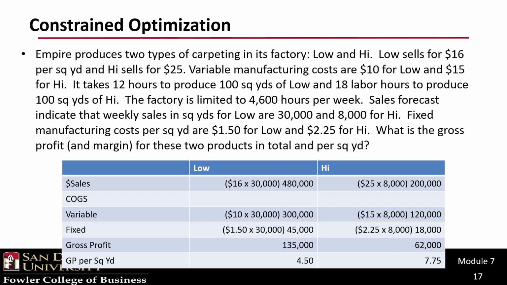So the sales forecast indicates that weekly sales in square yards for low are 30,000 and 8,000 for high. Fixed manufacturing costs per square yard are $1.50 for low and $2.25 for high. So using this information, what is the gross profit and margin for these two products in total and per square yard?